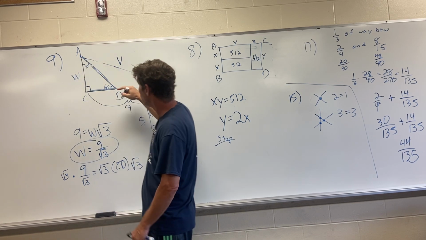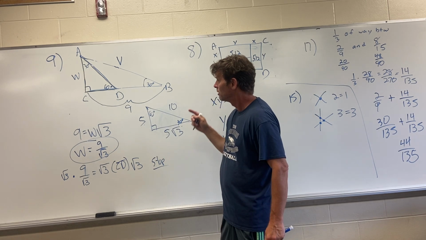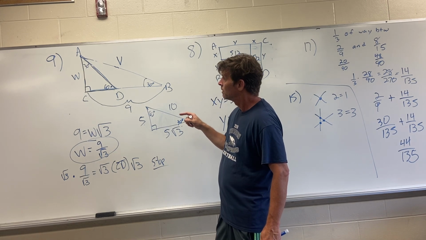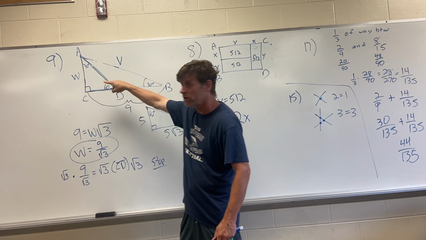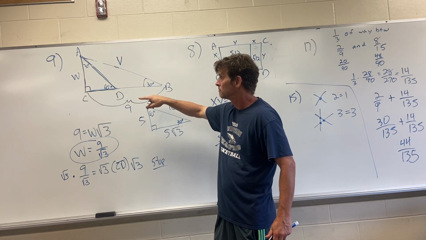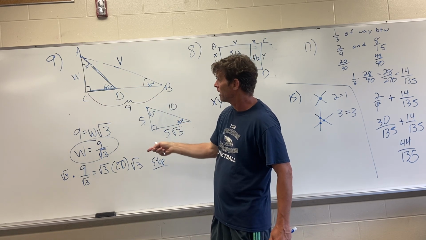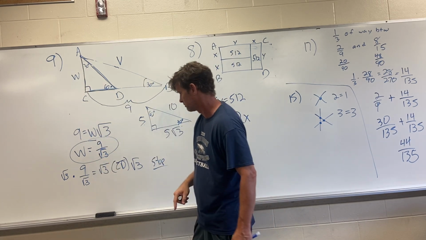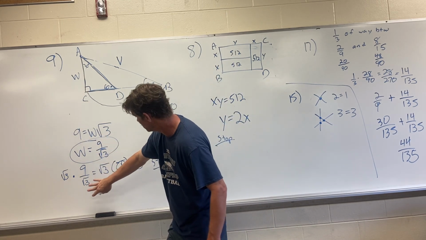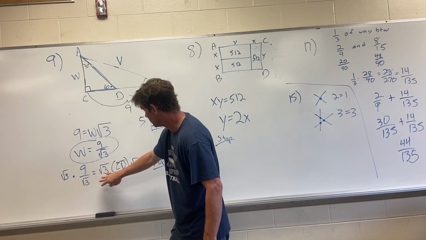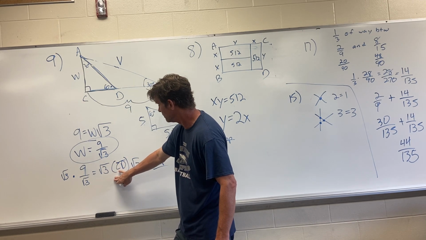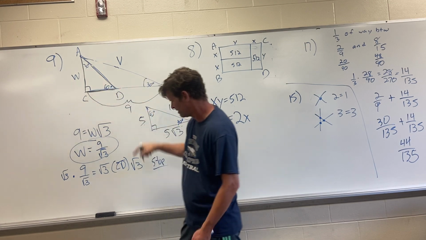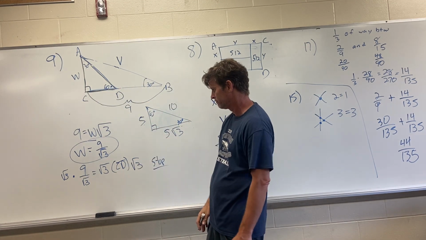that is also a 30, 60, 90. But in this case, W is the longer leg. So the longer leg, W, is the square root of 3 times the shorter leg, and I just called the shorter leg CD.